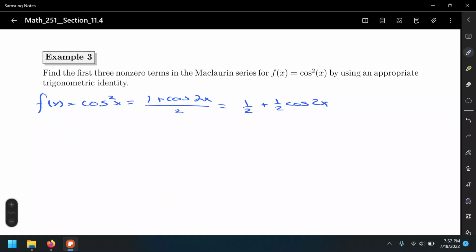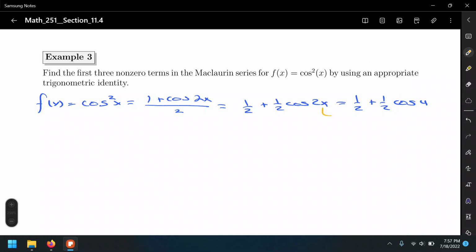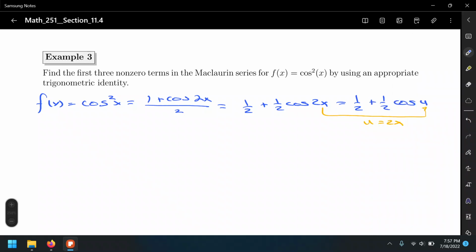Okay, and then I'm going to go back and rewrite this as 1/2 plus 1/2 cosine of u, where in this case, as usual, the u will be taken by the quantity 2x. All right, so from here then, you might want to use a power series for cosine of u.